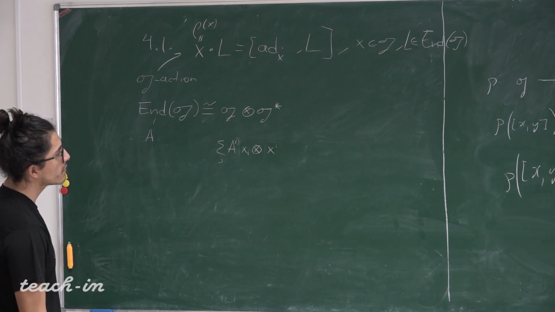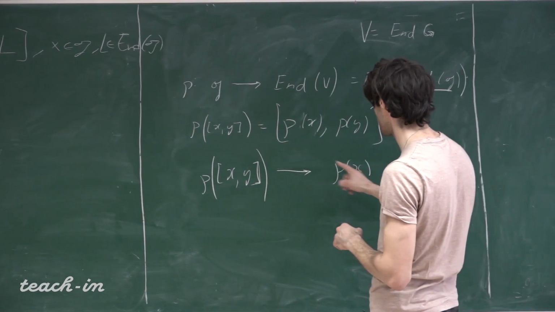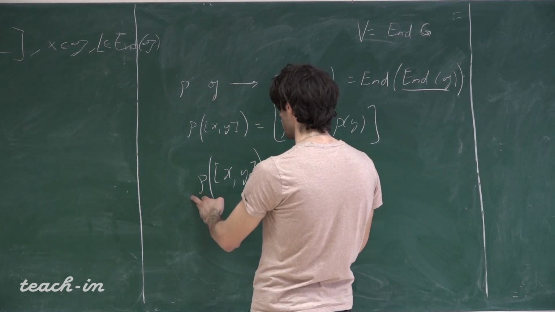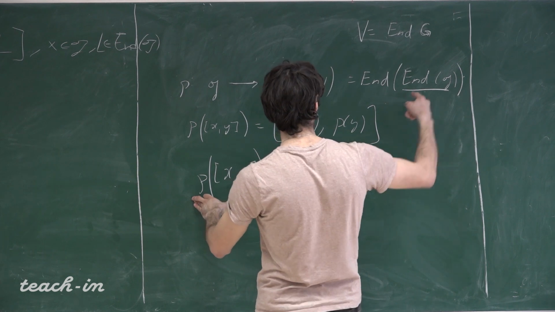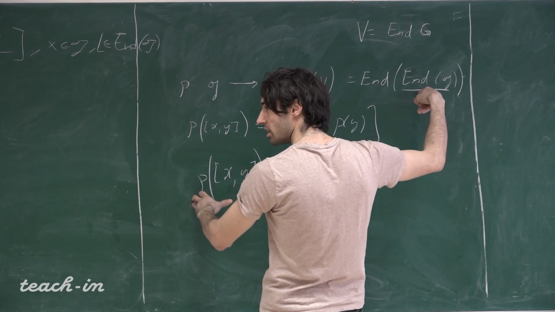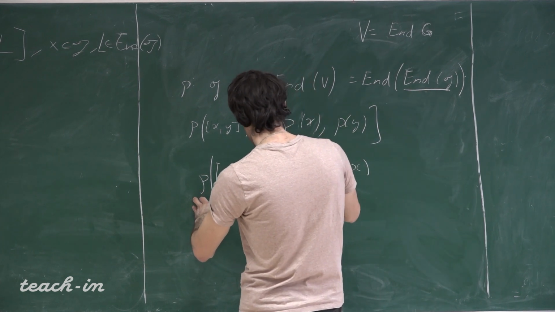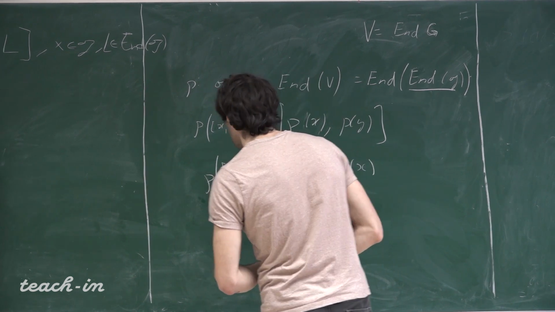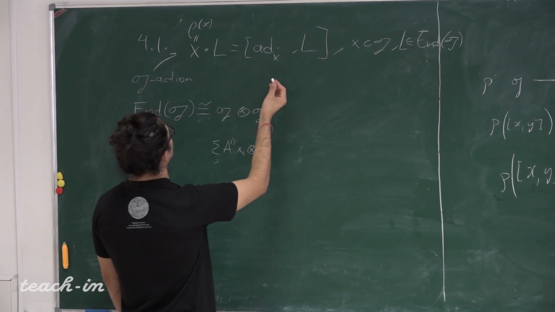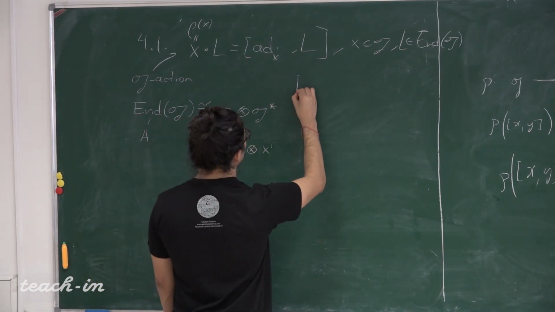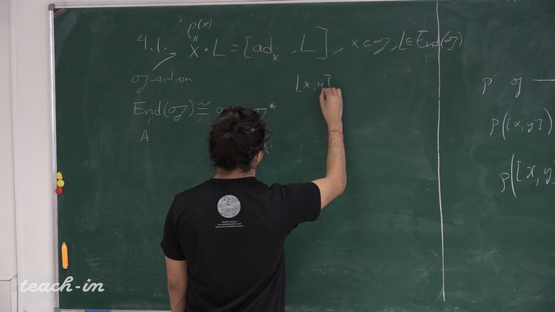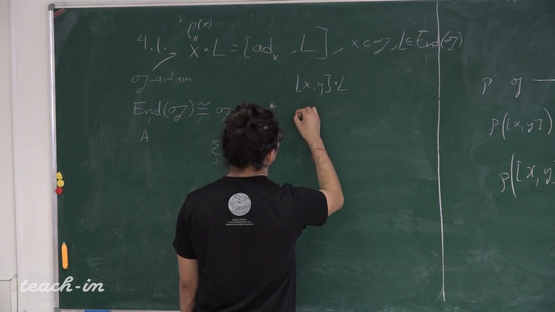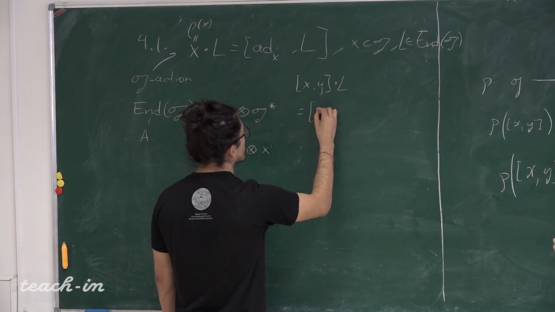So again, I would like to have this. It means that if I take this element, this is an element acting on this, right? So I apply it to L. But you want to see that it's the same as the Lie bracket applied to L. The bracket.